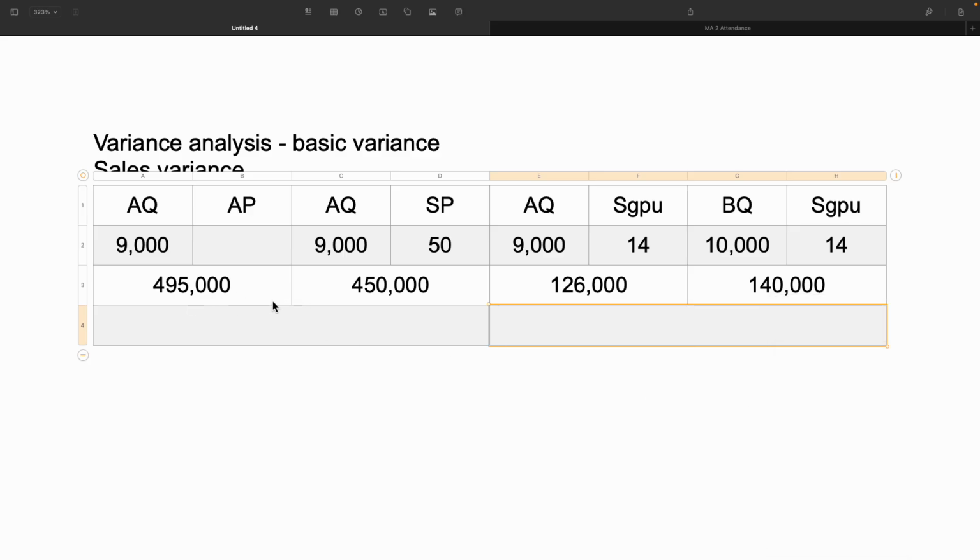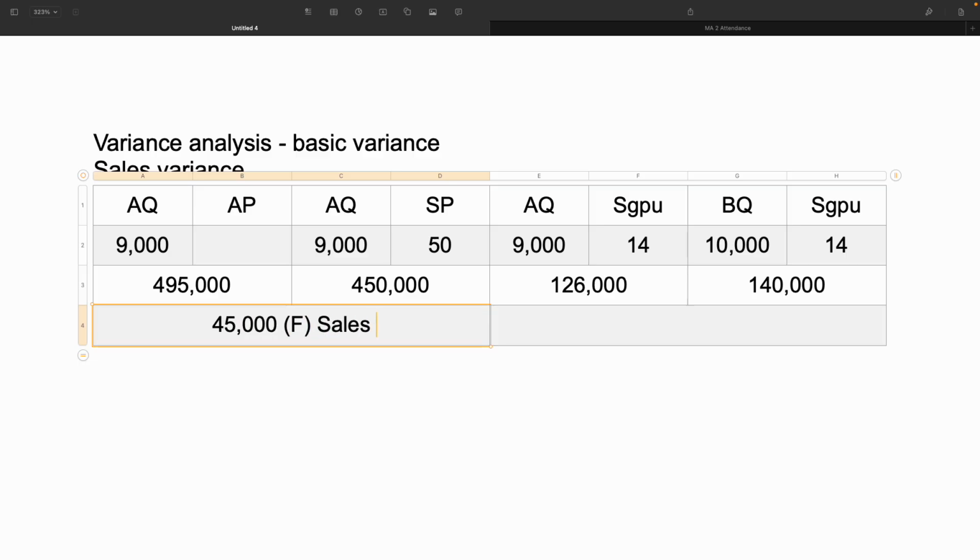And we look at the difference. When we look at the difference, the first number is the actual, the second number is what it should be. You actually earn 495,000, you should earn 450,000, which means you have a $45,000 favorable.